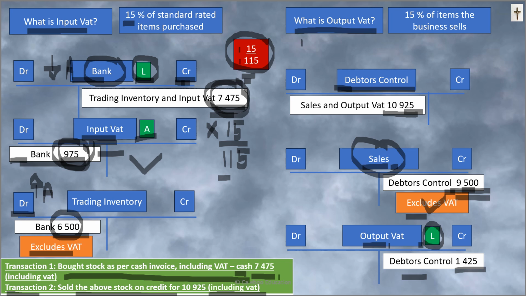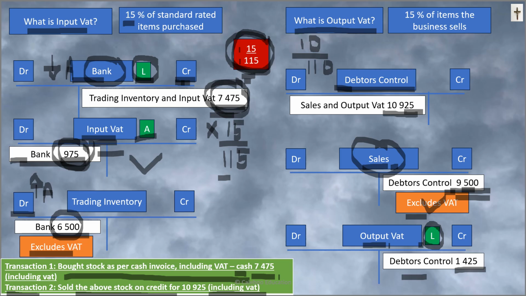So if the VAT was 10%, it would be 10 over 110. But it is 15%. I'm working on 15% in my examples because that's what it is here in the country. So the VAT fraction is 15 over 115. And we're going to use this fraction plenty in order to calculate the VAT amount.